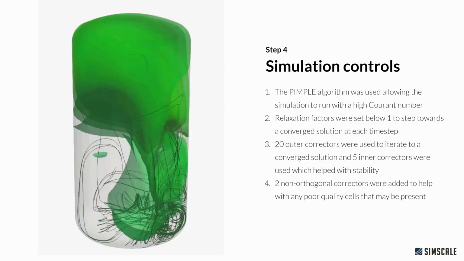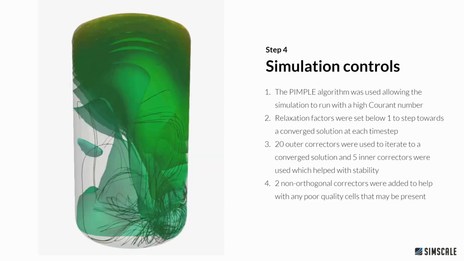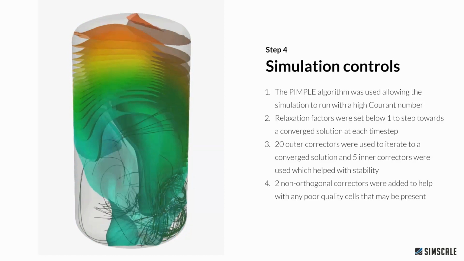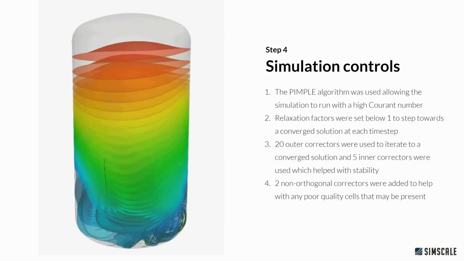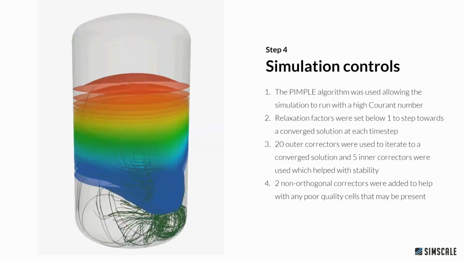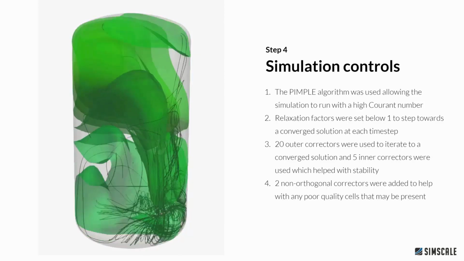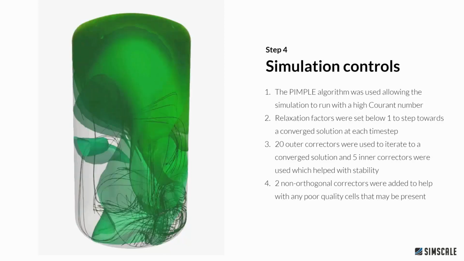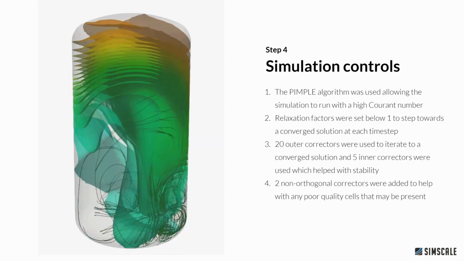The first thing to note is that we're using the Pimple algorithm. Now the Pimple algorithm is actually able to deal with what we call a high Courant number. So without jumping into a rabbit hole, a Courant number is explained later and is basically a definition of how fast a particle can move through one cell in its entirety, and if it moves through too many cells, for example, then you might get some instability.